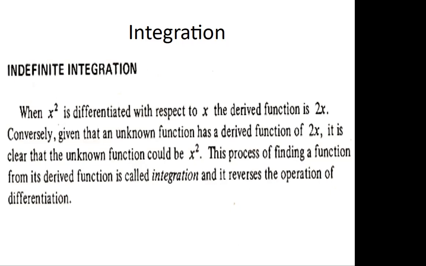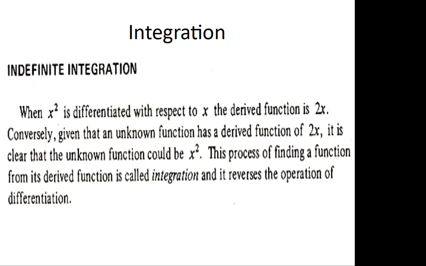But you would know that if there was a constant attached to x squared, maybe x squared plus 1, x squared minus 1, x squared plus 5, x squared minus 5, they will all differentiate to give you 2x. And therefore, when you get a function like 2x and you have to integrate it, you're never certain whether the function was x squared or x squared plus something else.